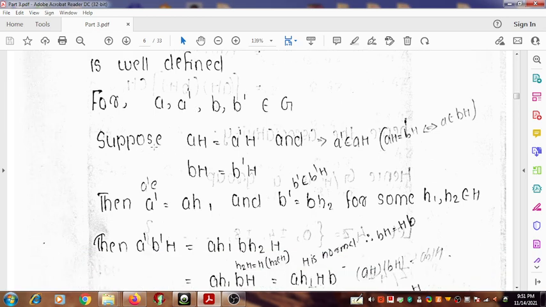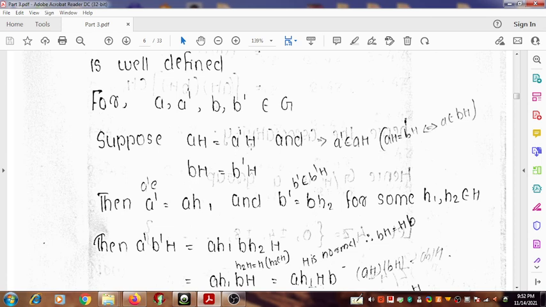So now we suppose that aH equals a prime H and bH equals b prime H. In that situation we want to show that aH dot bH equals a prime H dot b prime H. That is the thing that we are trying to establish now.